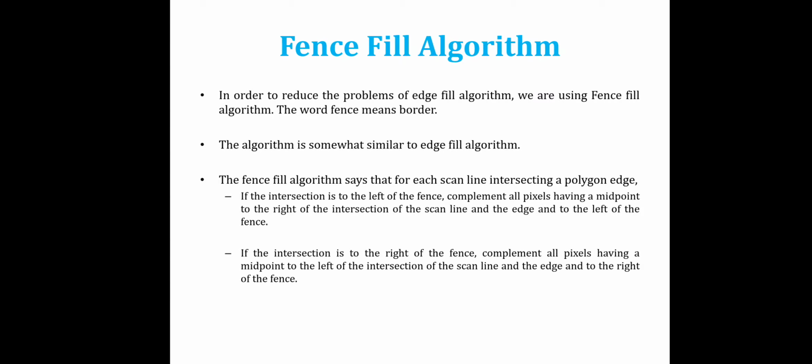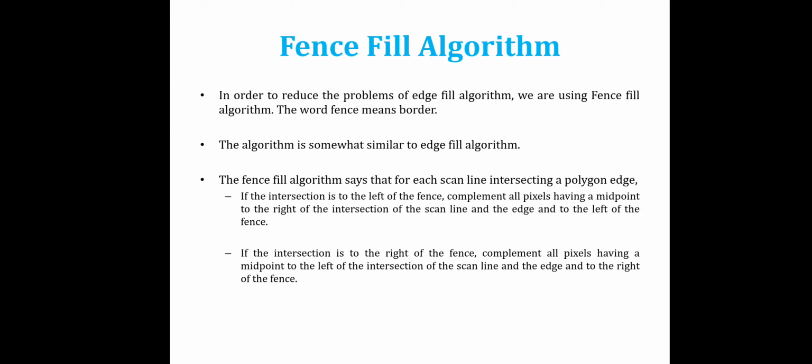If that intersection point is to the left of the fence, then you have to complement all the pixels to the right of the intersection of the scan line and the edge and to the left of the fence. That much area we have to consider. We are going to see this with an example.